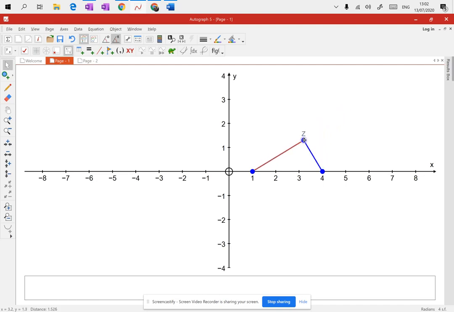The length of the red line has to be twice the length of the blue line. Well, if I come down to 3, then I've definitely got 1 to 3 is 2, 3 to 4 is 1. The length of the red line is twice the blue line. So there's one point. That looks feasible. That doesn't.